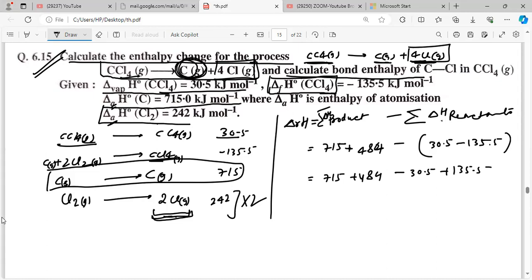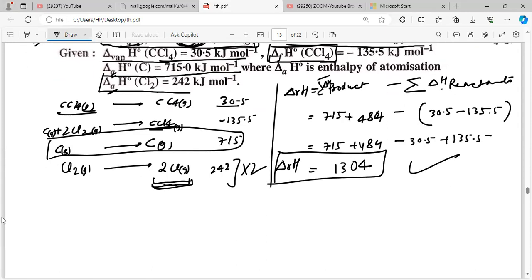So 715 plus 484 plus 135.5 minus 30.5. How much is it coming, Sanoy? This is coming 1304. Delta rH is 1304. Getting it? Yes, sir. I think you were getting confused also. Little bit, sir, but it got clear.